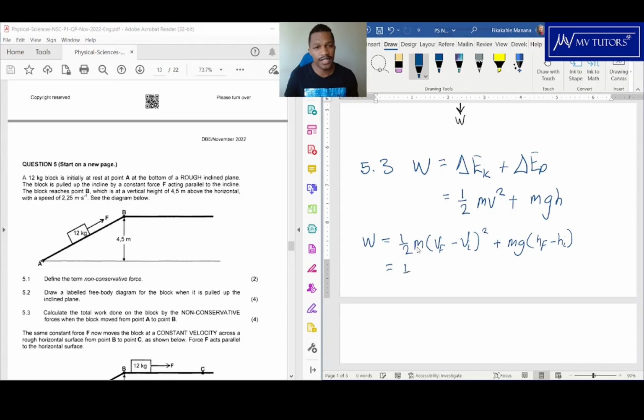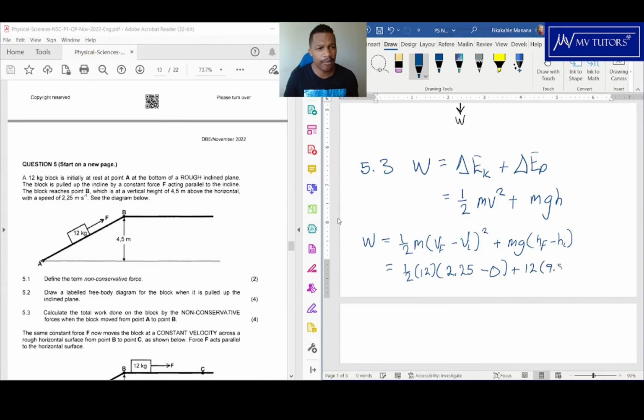So a half stays a half. The mass, are we given the mass? We're told it's 12 kg, so there we go. Final velocity, we're given that the speed at B is 2.25, minus, initially we're told that the block is at rest, so that's a 0 velocity, plus the mass is still 12 kg.